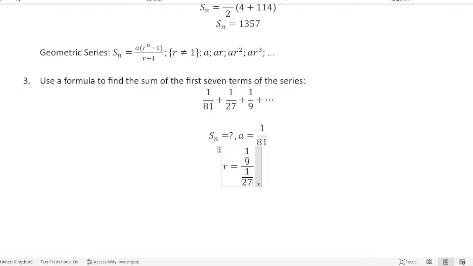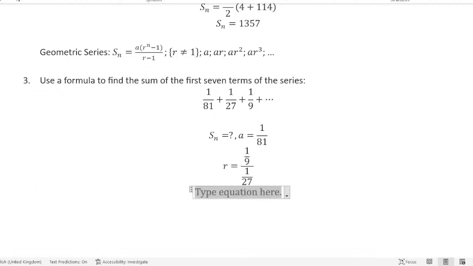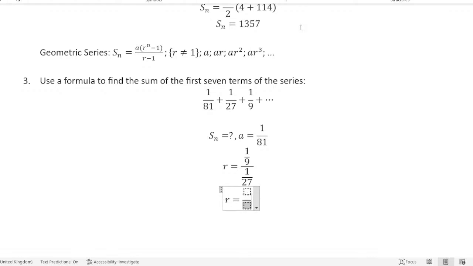So now we just need to get the value of R. R is going to be 1 over 9 multiplied by 27 over 1.